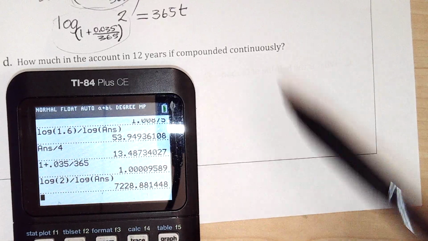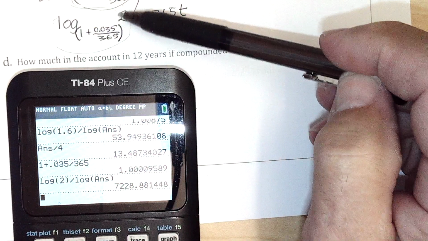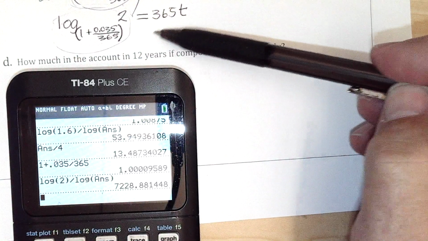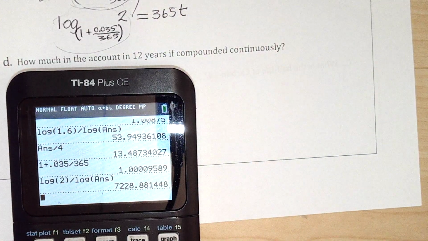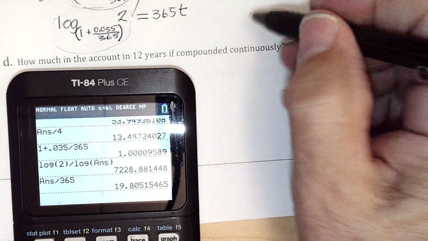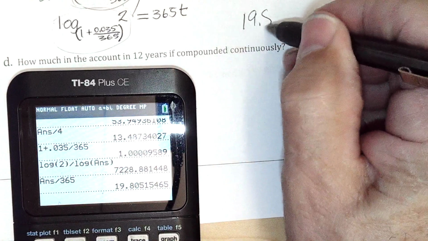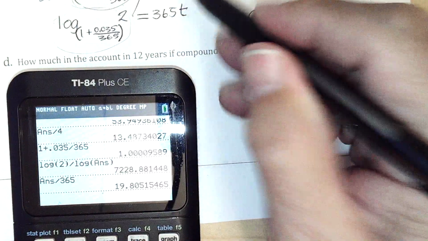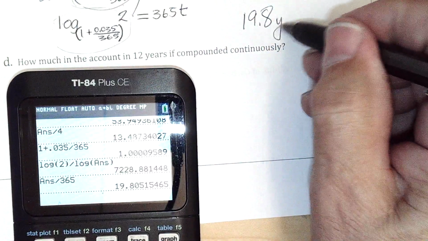And that's this number. And I have to divide it by 365. So divided by 365, and I get an answer of 19.8, and I'm solving for time, which is years in this case.